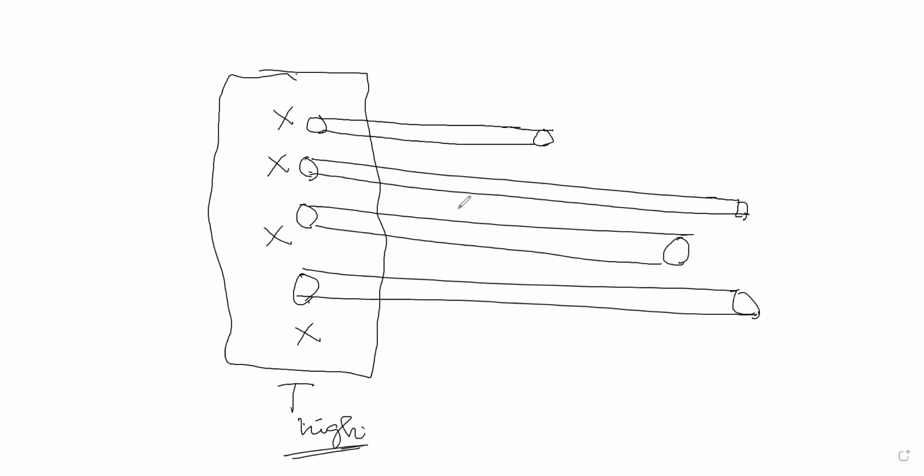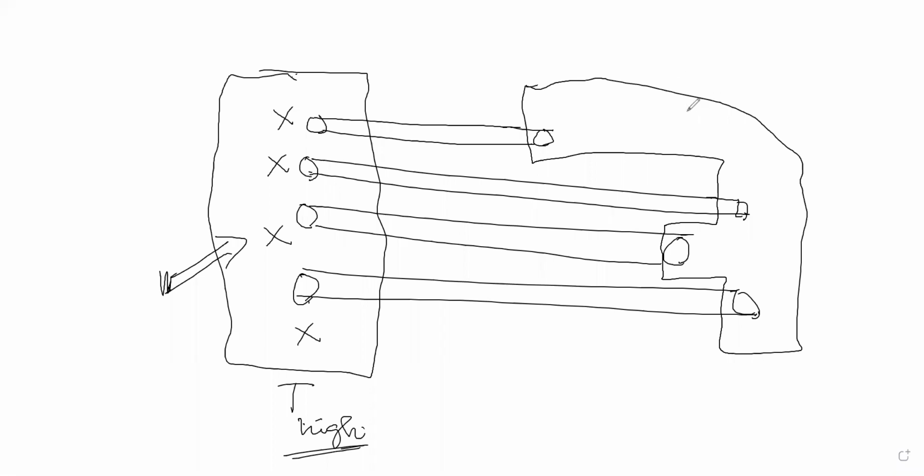Am I clear? All these four ends are kept at high temperature, first part. And now all these four other ends are kept at another temperature T2, that is T low.